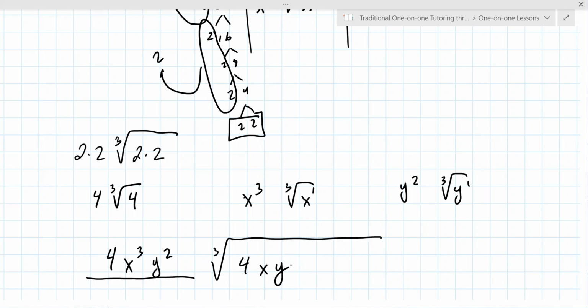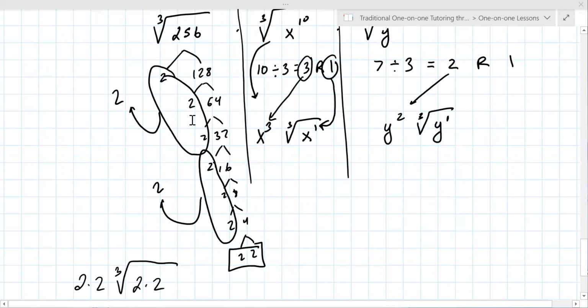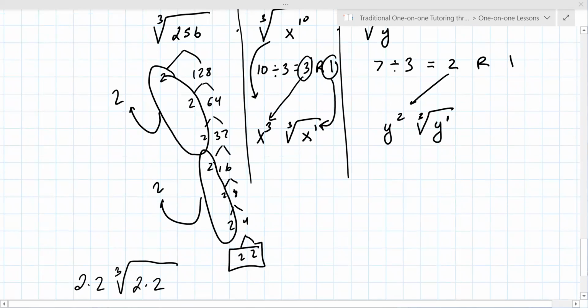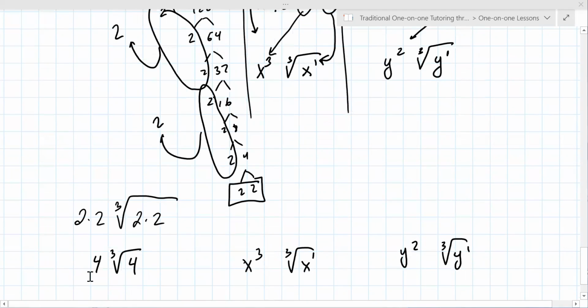I am confused though, because I don't see that as an answer. Well, let's take a look here. It is possible that they have... okay, so we got an x cubed, 2, 4, cube root of 4, 64 times 4.